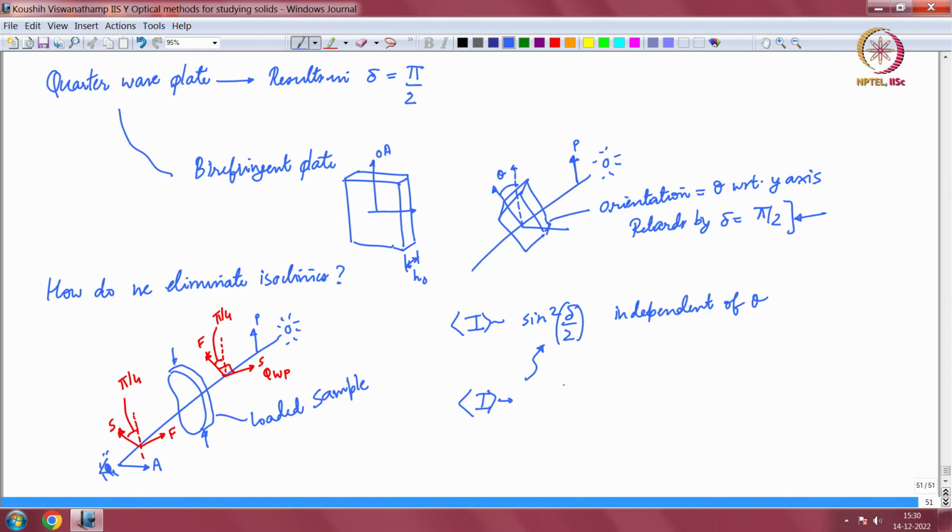The intensity goes to 0 only if delta is 2 m pi as usual, right. So, only isochromatics. Okay.